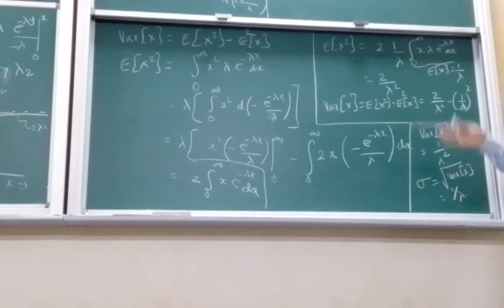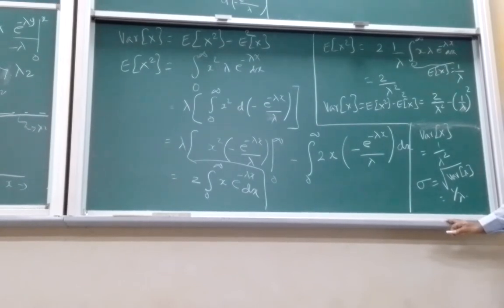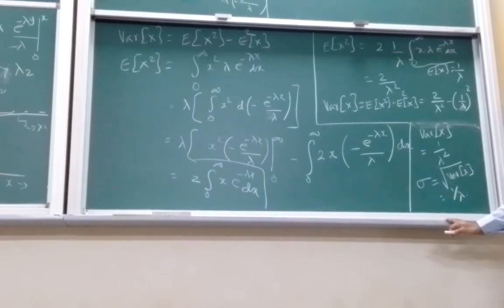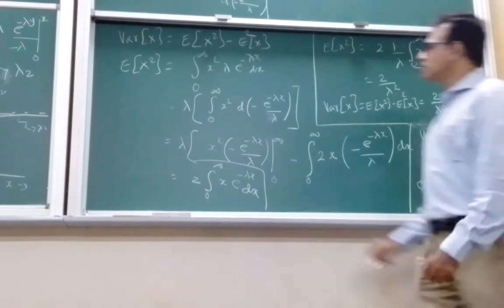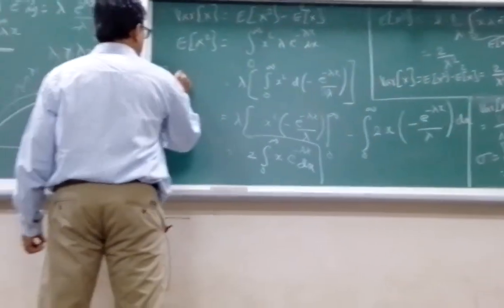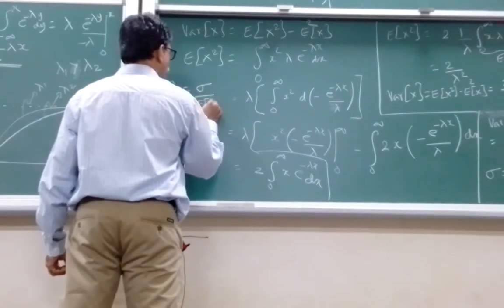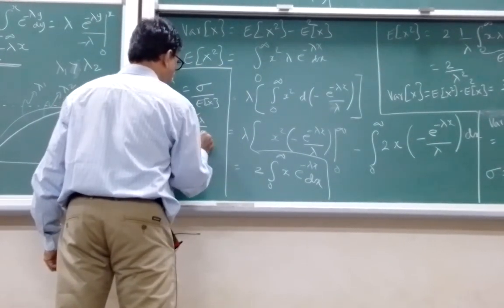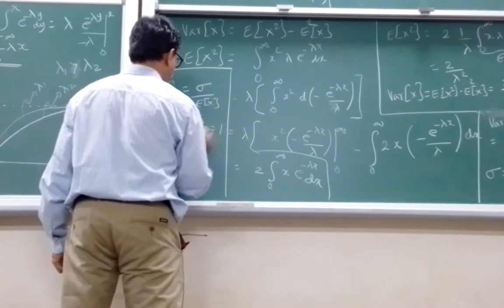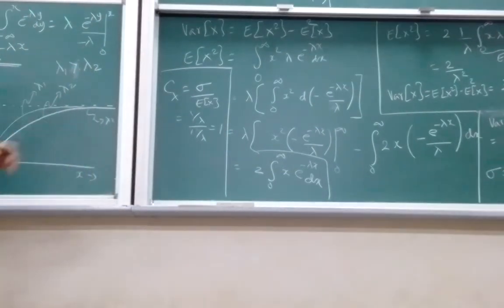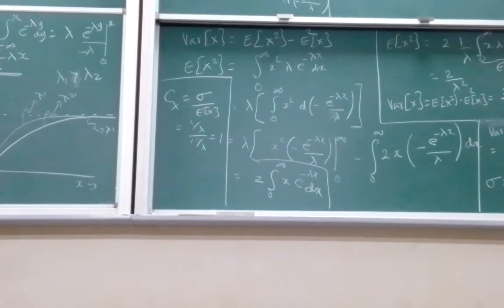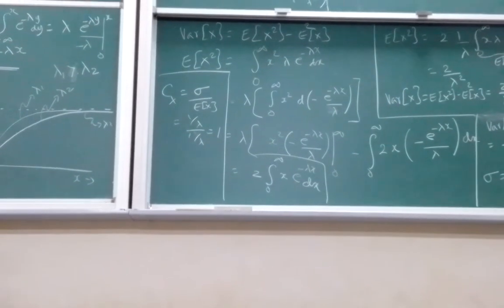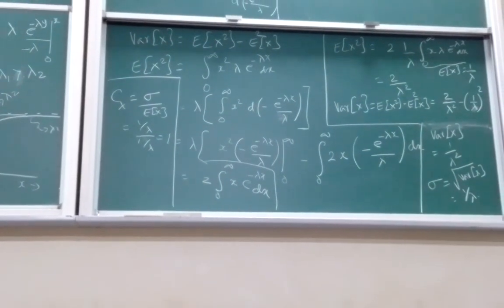So it so happens that the mean is exactly equal to the standard deviation. And therefore what will be the coefficient of variation? It is 1. So that is all the important quantities of the exponentially distributed random variable.